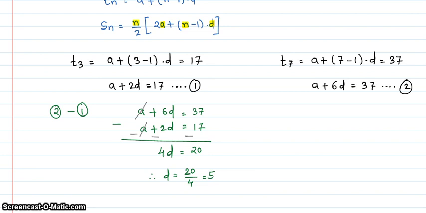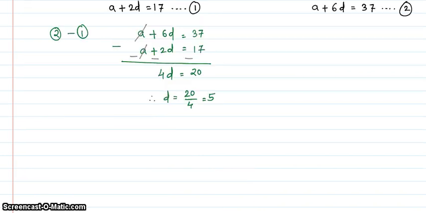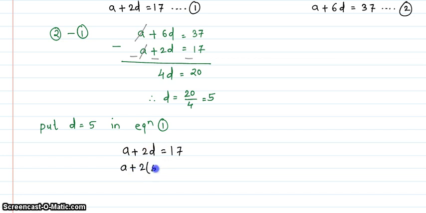Now you can put this d is equal to 5, let's say in equation 1. So put d is equal to 5 in equation 1. What is my equation 1? a plus 2d is equal to 17. So a plus 2 into what is d? 5, which is equal to 17.